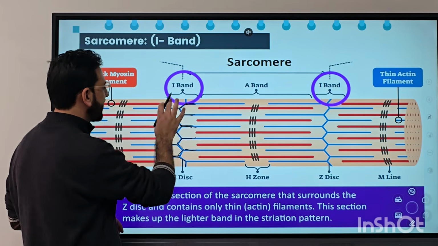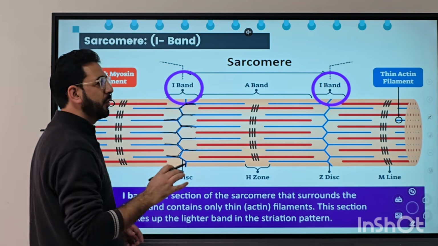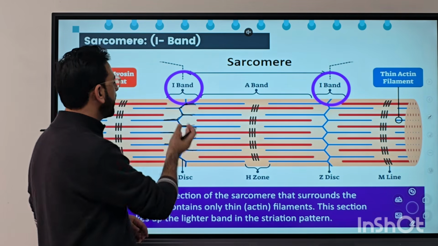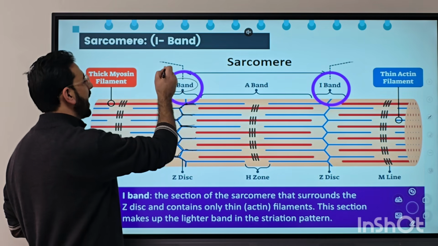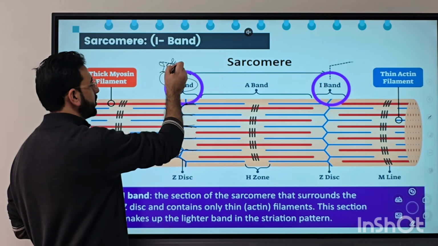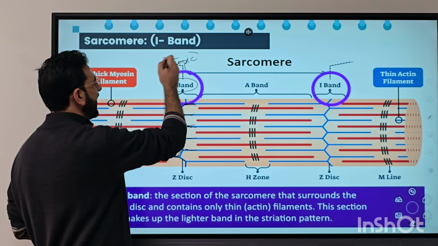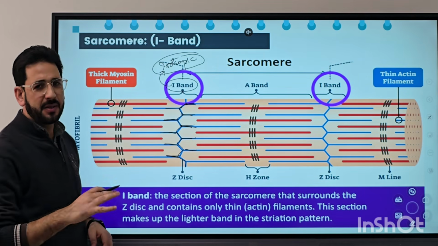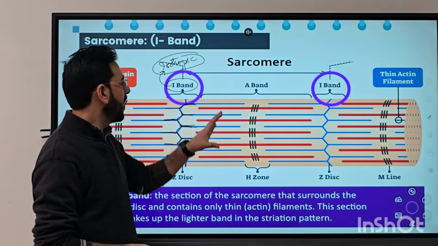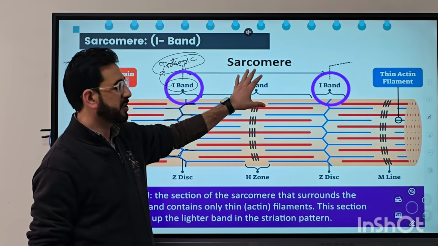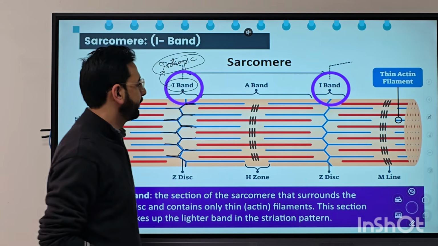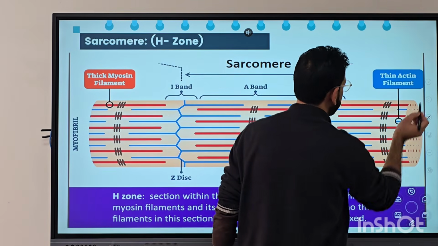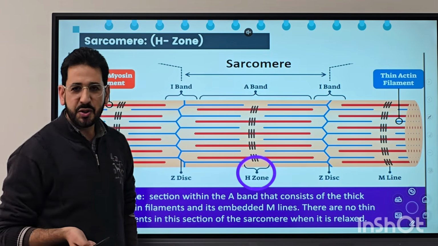So all these thin filaments give the lighter appearance under the microscope. We call this zone the I band, and I stands for isotropic, which means it gives the lighter appearance. So the A band is called the dark band as well, and this is called the light band.